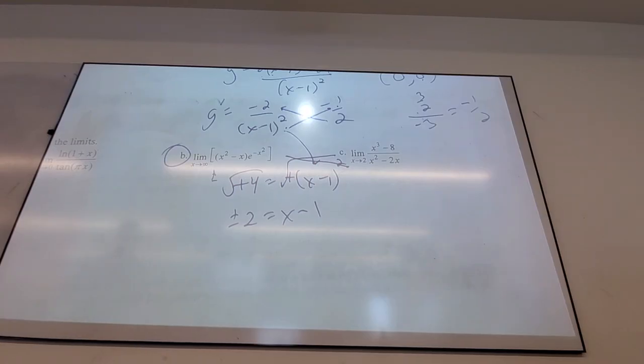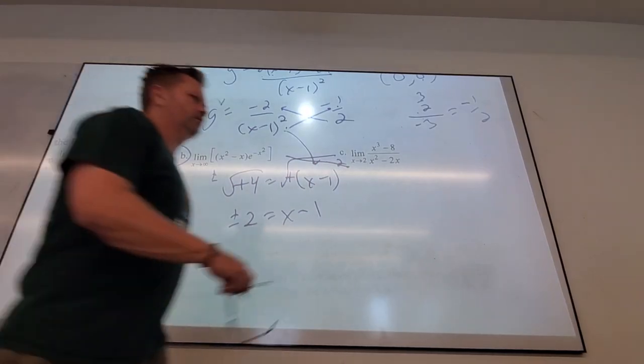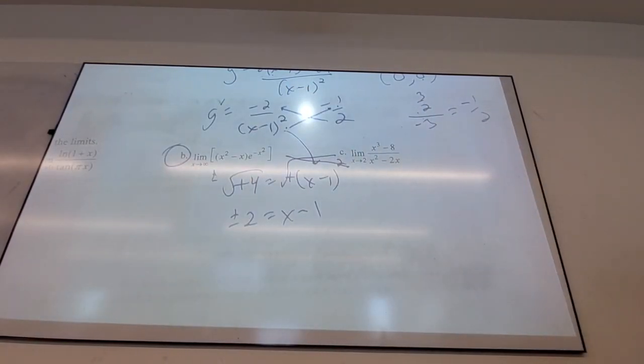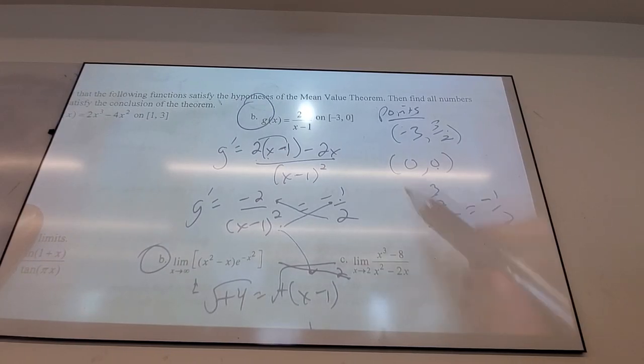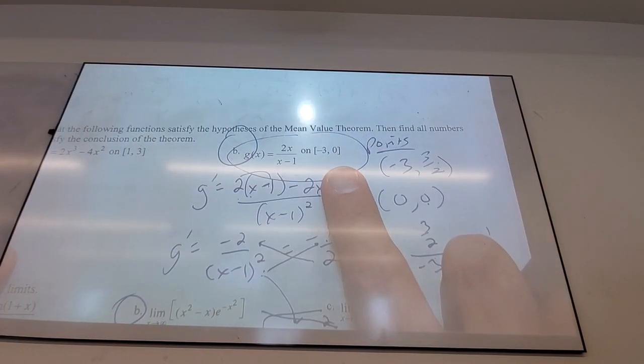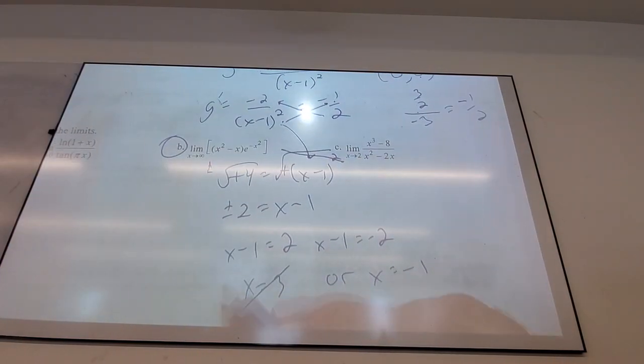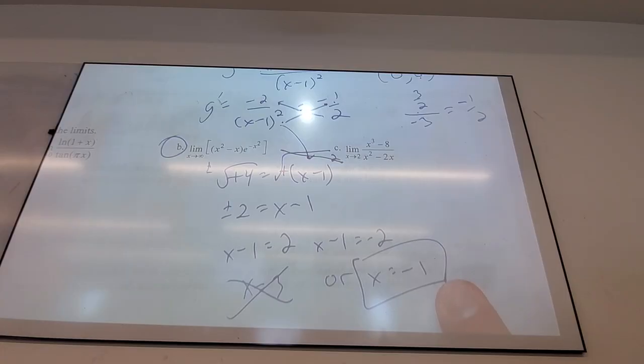And then you get 2 answers, and I think only one of them is in the domain interval. Oh, there we go. So x minus 1 equals positive 2, x minus 1 equals -2, x equals 3, or x equals -1. 3 is not in here, we started way up here. 3 is not in here. This one is. That's where things happen.